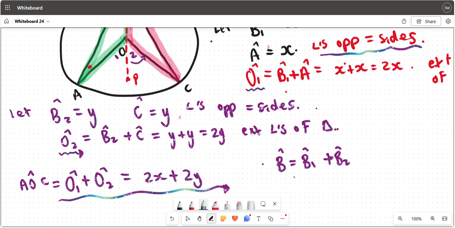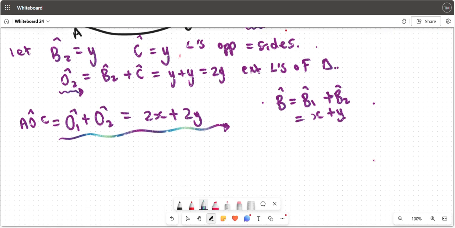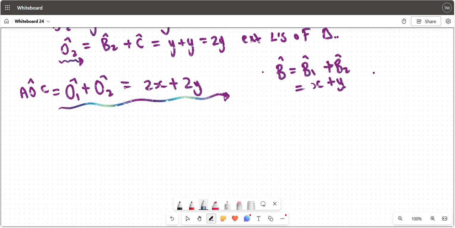If I add those, B1 was X and B2 was Y, so I get X plus Y. Then what you will notice is that in this equation for AOC, if I just factor out the 2, I'll have X plus Y. And X plus Y is actually equal to B. I'm getting it from there.